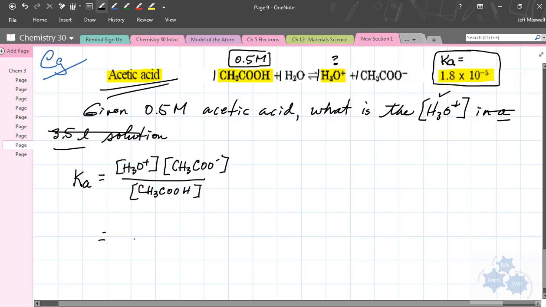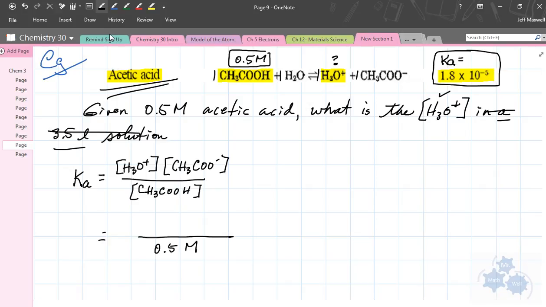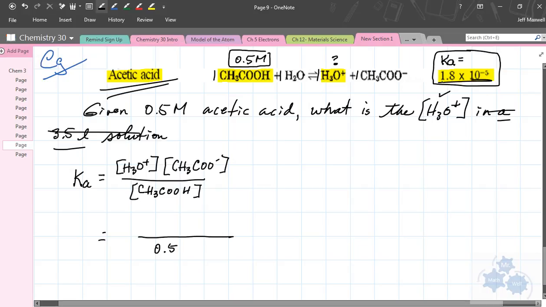So in my equation, I'm going to put 0.5 molar down here. And just because we're just going to do the math, you can drop the units. Just put 0.5 if you want. Ka is given, okay, over here. So we're going to put the Ka number here, where the Ka is in the expression.